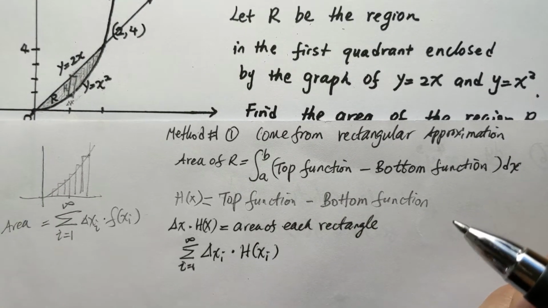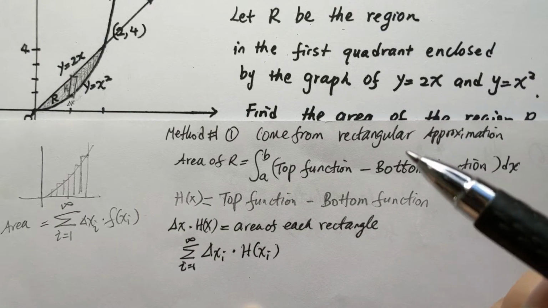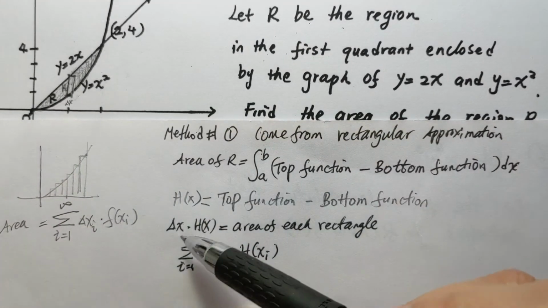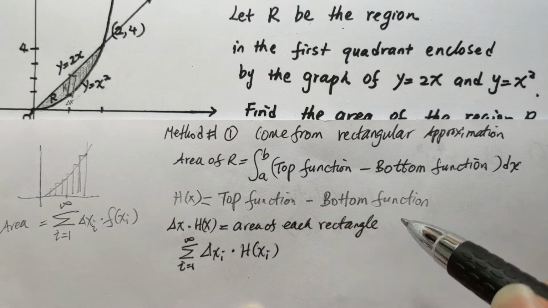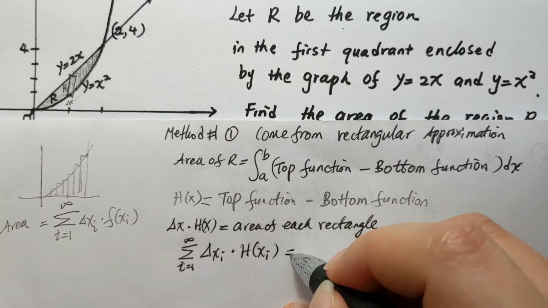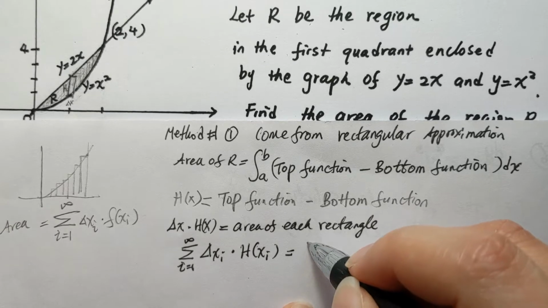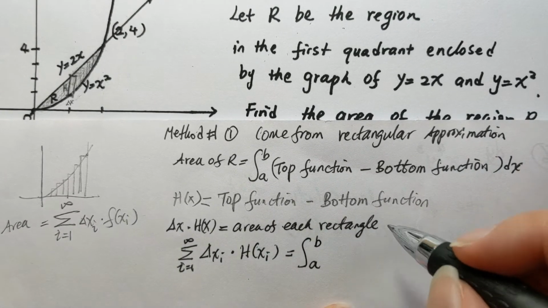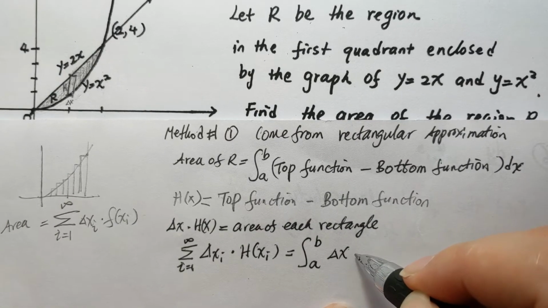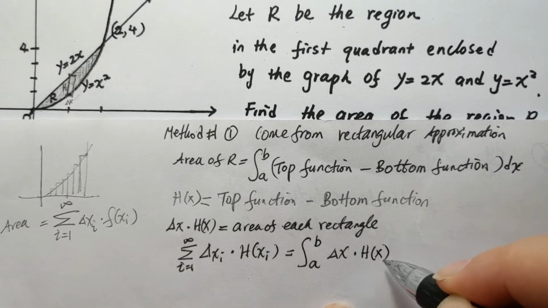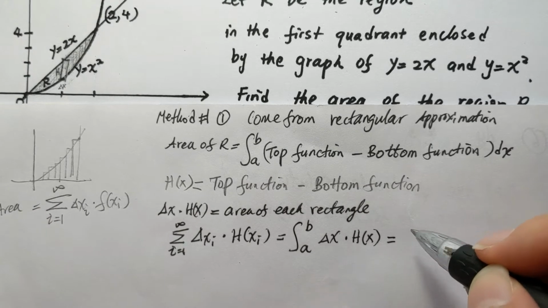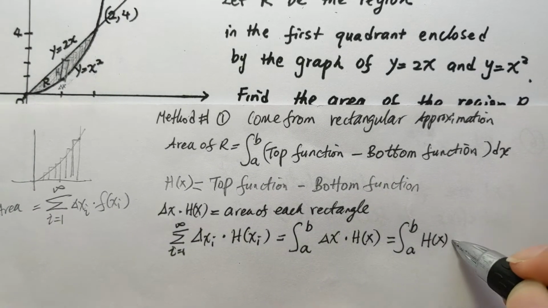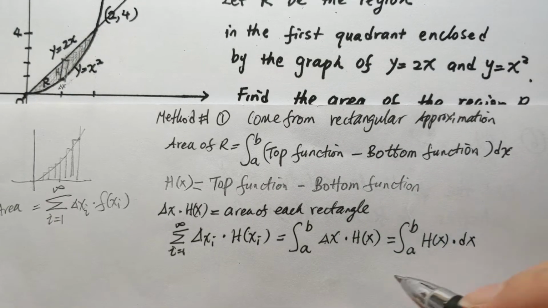As the number of rectangles tends to infinity, the area of R will be equal to the sum of these little rectangles' areas. So at the end, it equals the integral from a to b of delta x times h of x, and we swap the order, so we get the integral from a to b of h of x times dx.